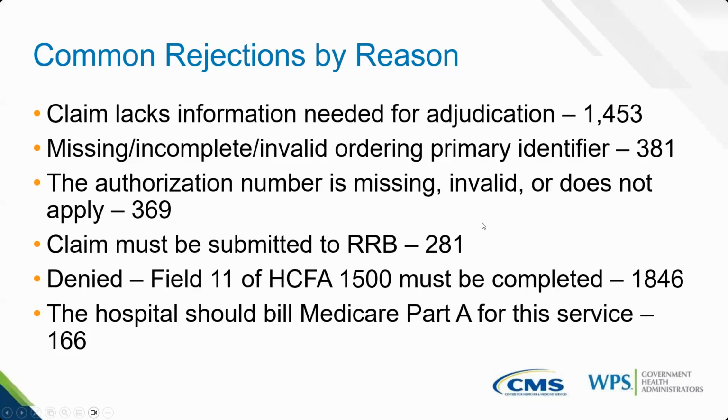If it's missing or invalid or perhaps transposed when it was entered, it will reject. Maybe the authorization number is there, but it doesn't apply at all, so your claim rejected. Another reason you need to compare the information on your claim to what the remittance notice is telling you and fix it, resubmit it, and then you can be receiving payment from Medicare.